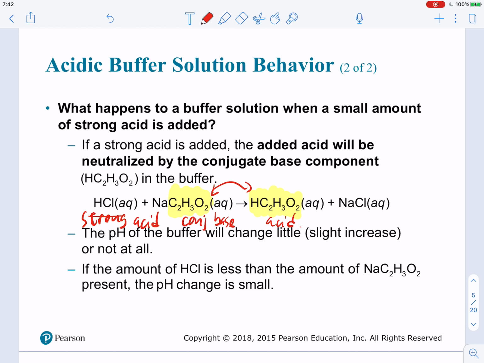As long as you have significant amounts of both the acid and the conjugate base, you will have a small change in pH. And this is the mechanism of action of a buffer. By reacting with the acid that you're adding or the base that you're adding, you are somehow keeping those changes in pH from being too large. Okay.